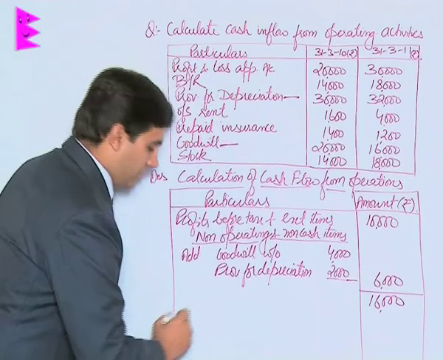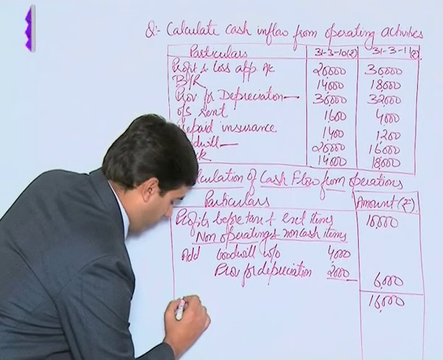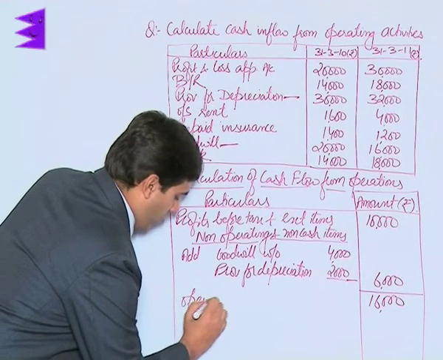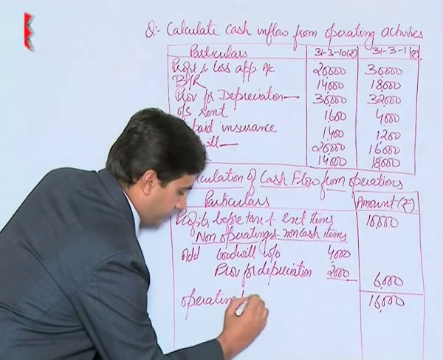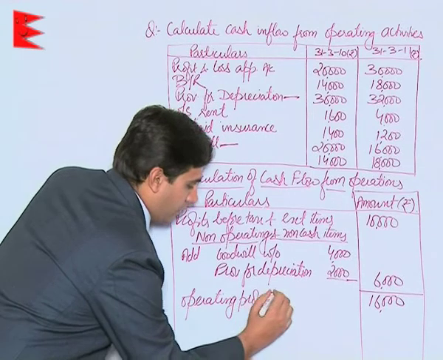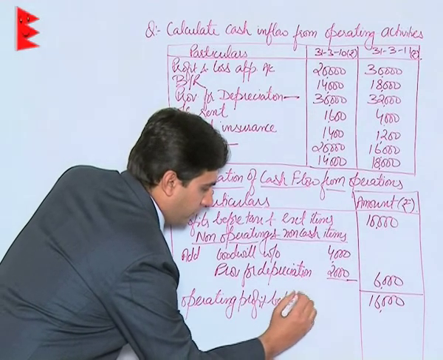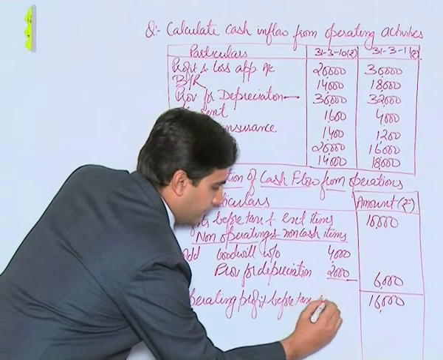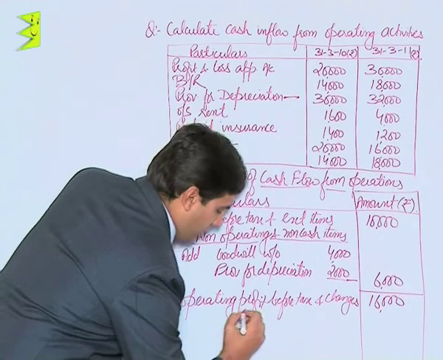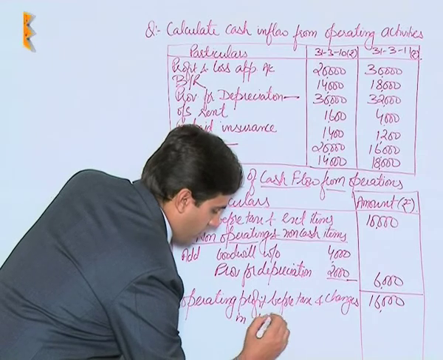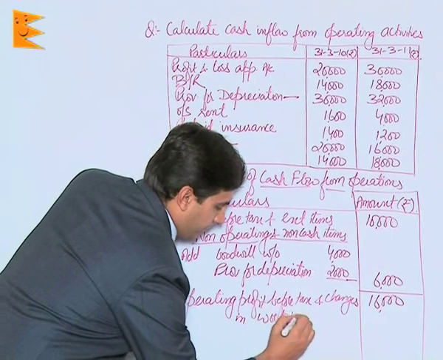This 16,000 represents operating profit before tax and changes in working capital.